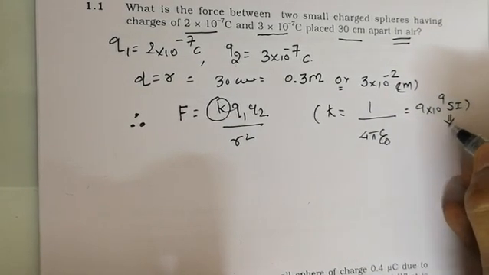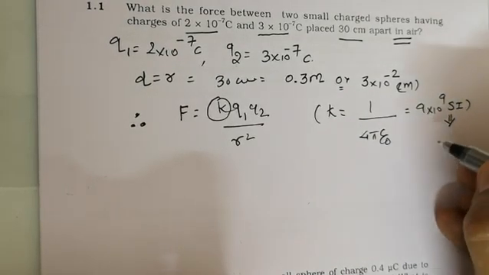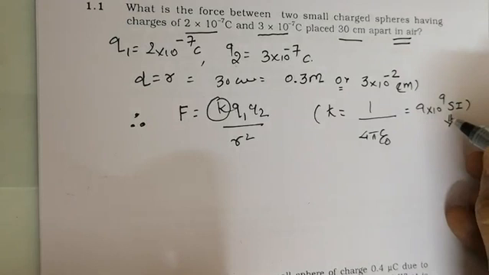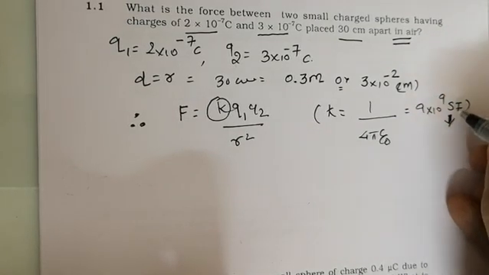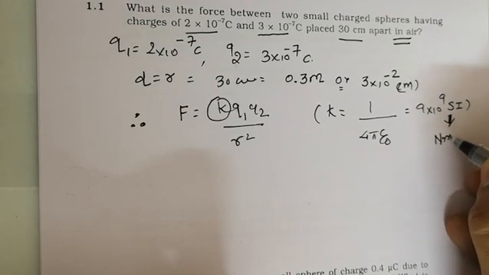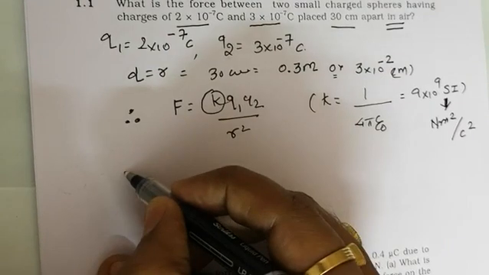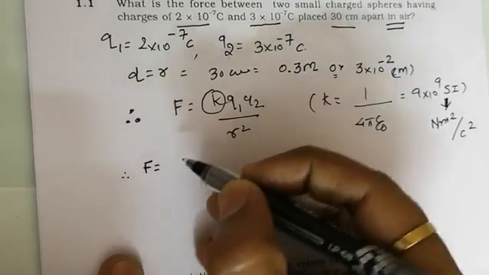Remember this unit, because sometimes it is asked from the dimensional point of view. The unit is Newton meter square divided by Coulomb square. Right now I am placing this value because I only want to find the force.